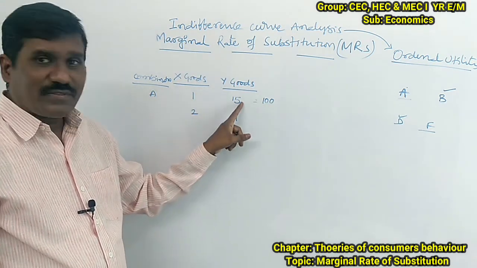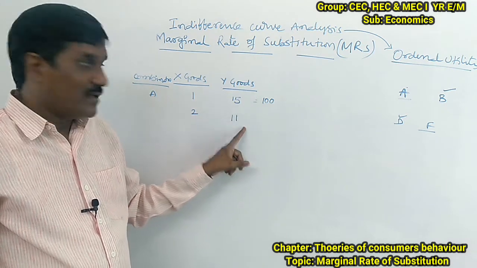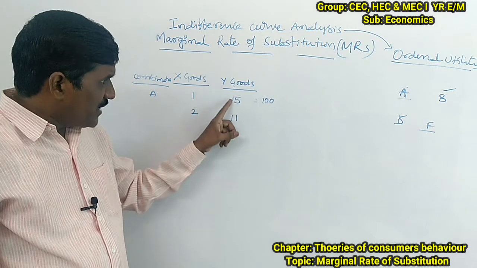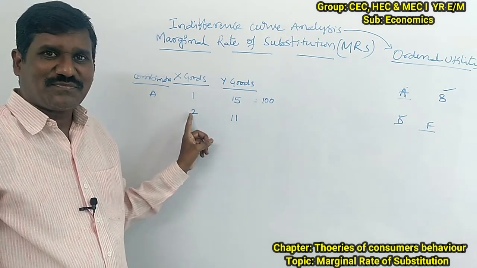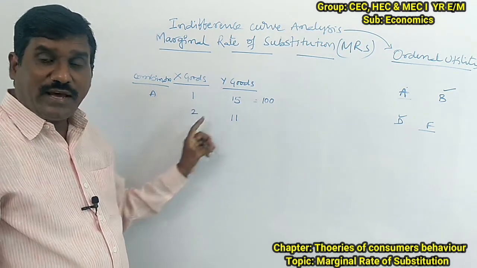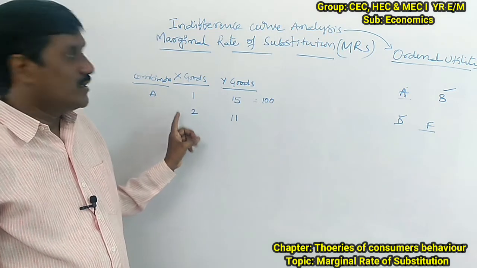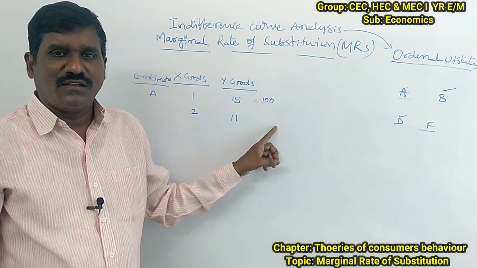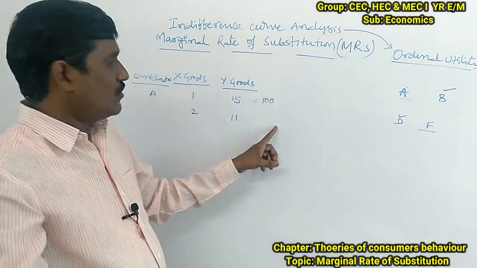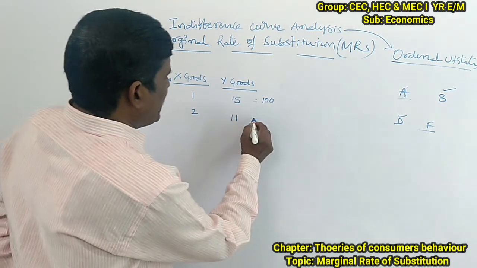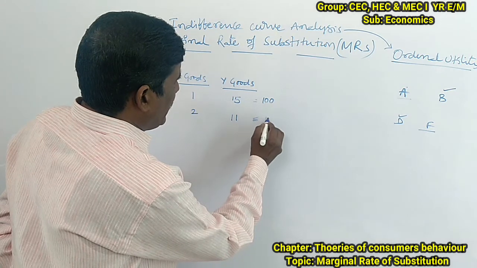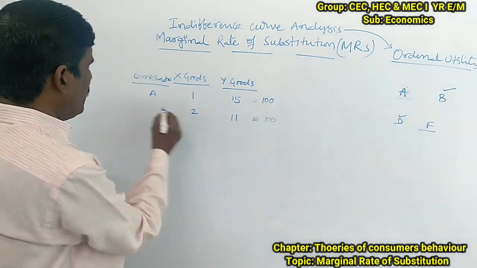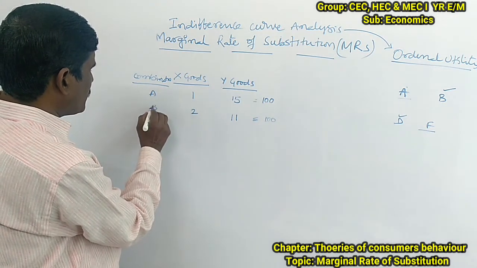After substituting X for Y, the Y is reducing for X. So even though the satisfaction is still 100. This is the B combination.